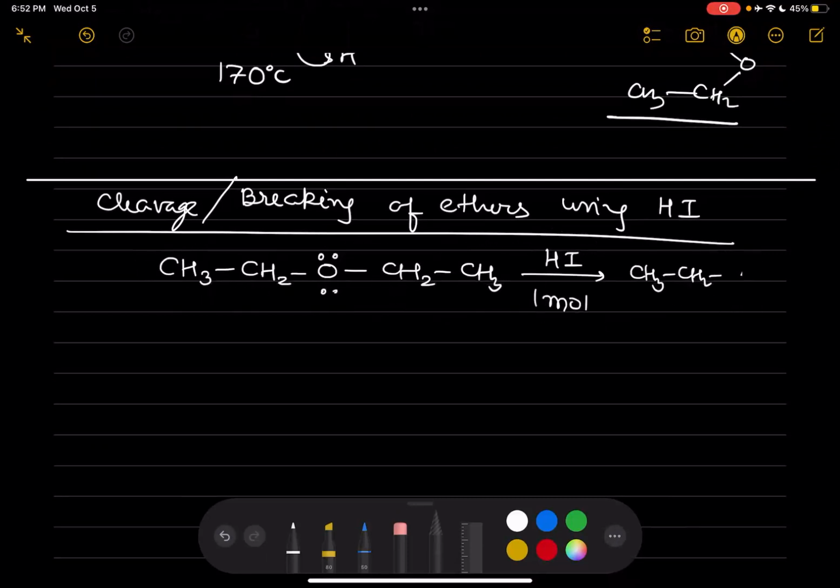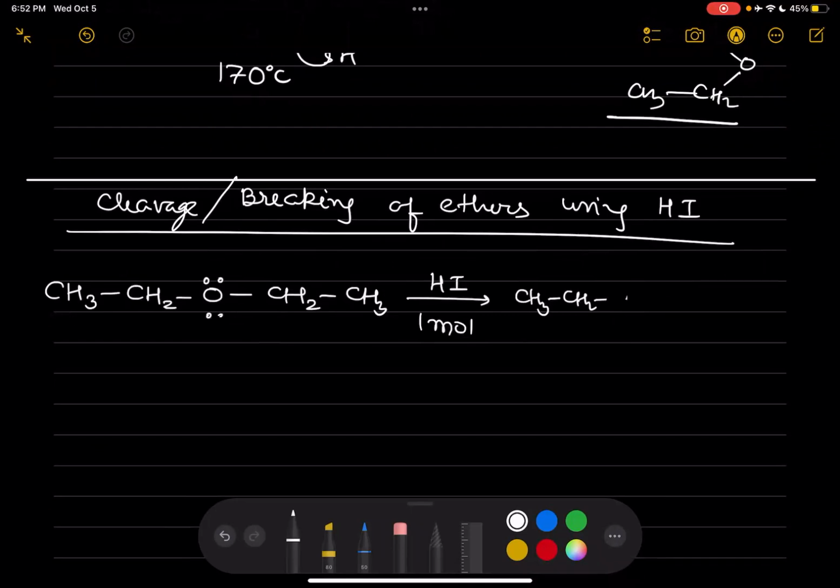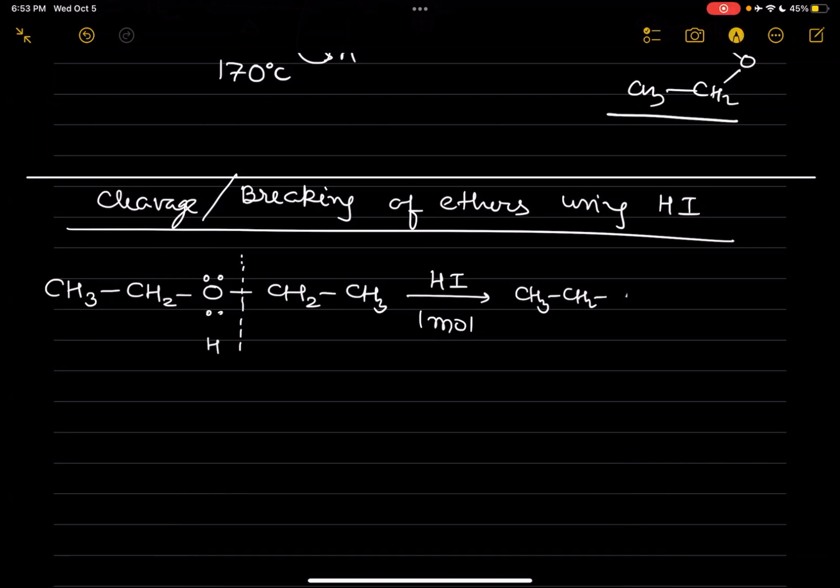But even if you don't know the mechanism, it is very easy to write the product. So what's the easiest way to write the product? That's very simple, and if it is a symmetrical ether, then it is very easy. And this is the mechanism which you can use for hydrolysis and many other chapters also. Cleave the carbon-oxygen bond, put hydrogen on the oxygen, and if it is water, put OH on the other side. But in this case, it is not water, it is HI, so put I on the other side.